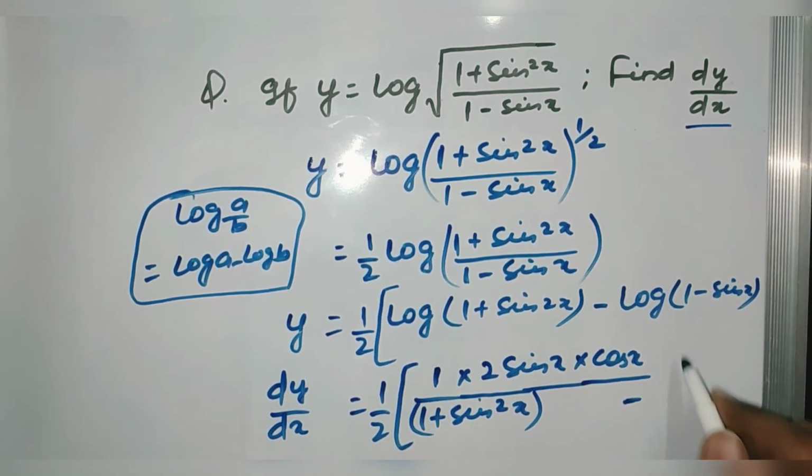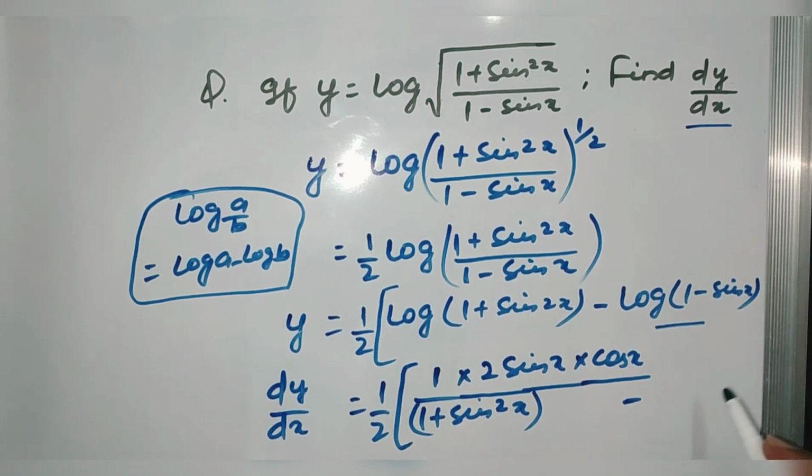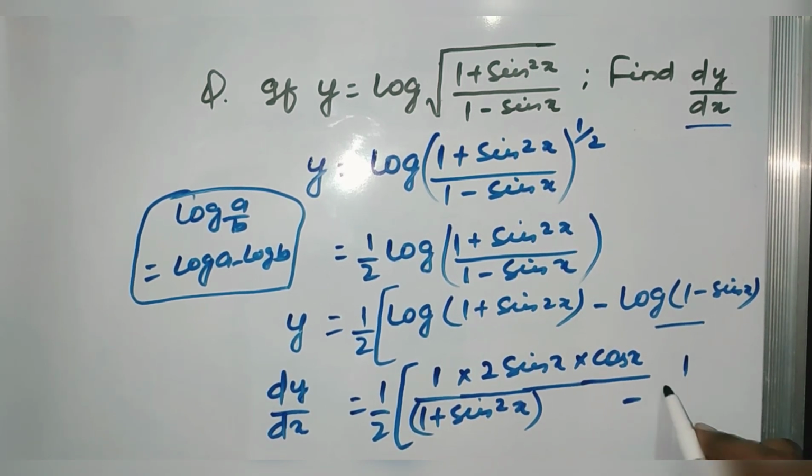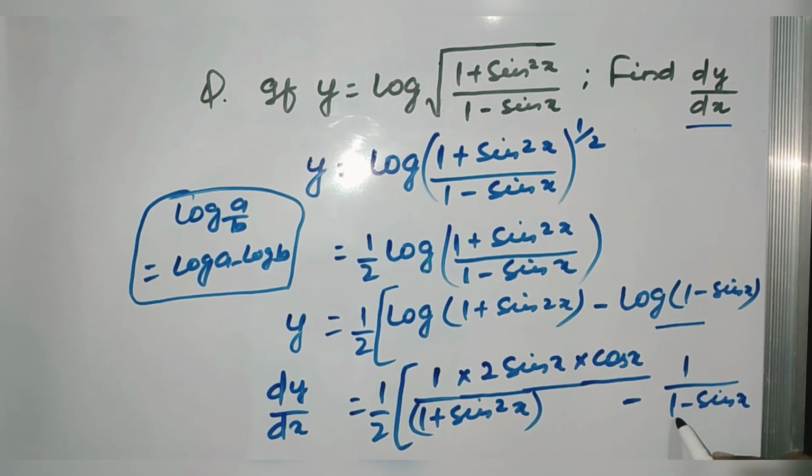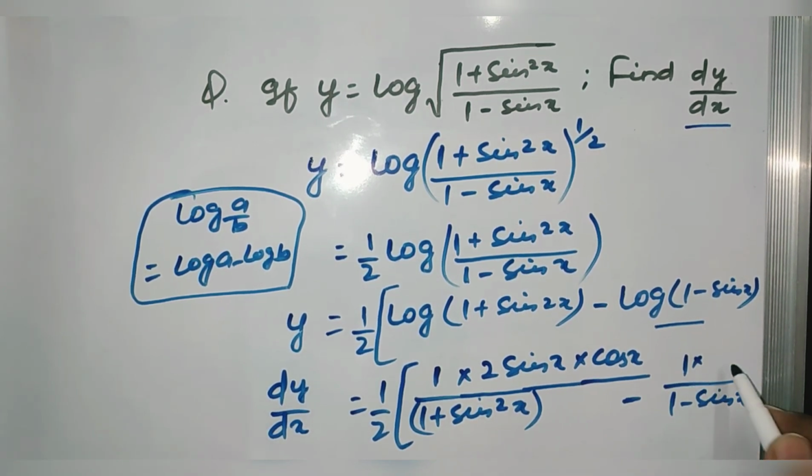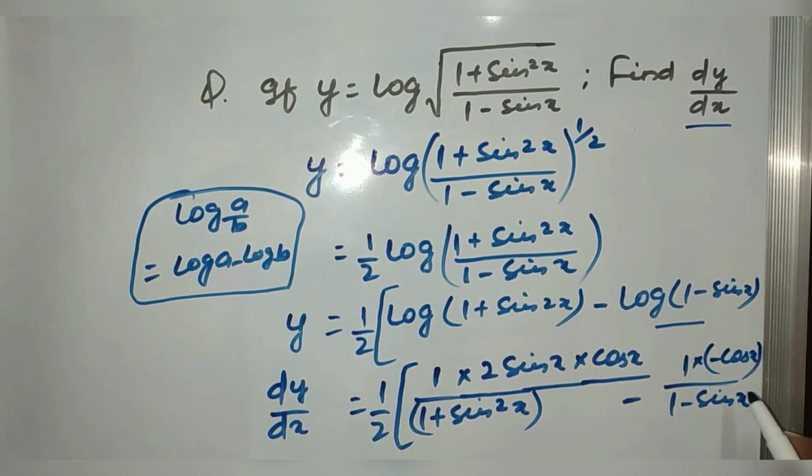Now again the differentiation of log (1 minus sin x) will be 1 upon (1 minus sin x), and the differentiation of 1 is 0 and of sin x is cos x, so minus cos x will be written here.